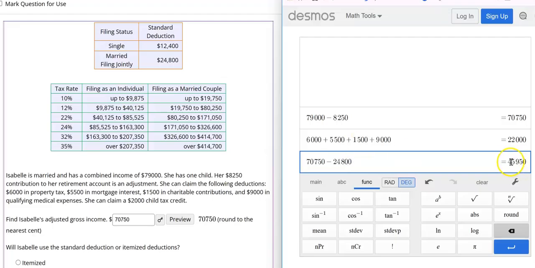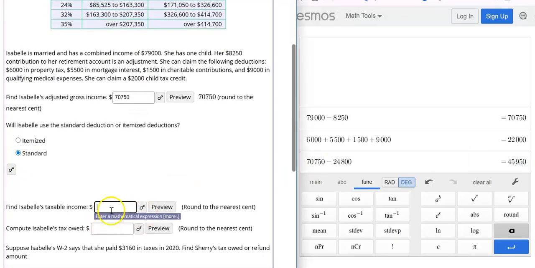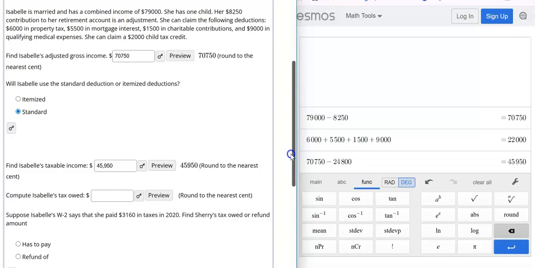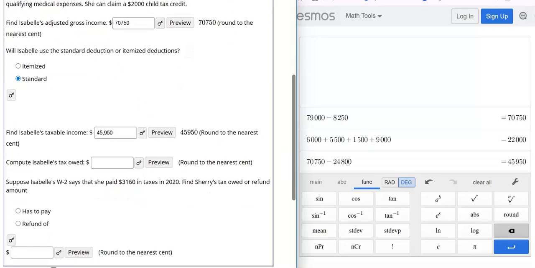That is the taxable income, $45,950. It's rounded to the nearest dollar, so I don't have a cent here.